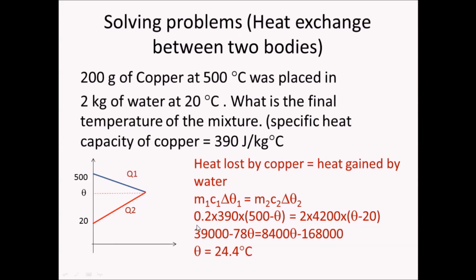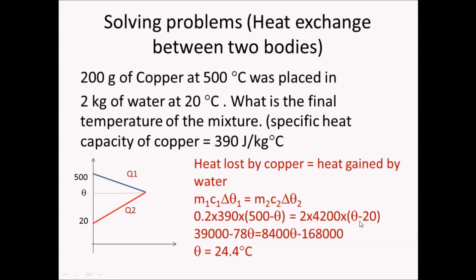Now, if you put them together, just one very, very important side note is this. Again, as I mentioned many times, the Δθ has to be the larger number minus the smaller number. So in this case, it's 500 minus theta. On the other hand, for the water, it's theta minus 20. So be careful. In these two cases, the theta is at a different position. This one is subtracted by theta.